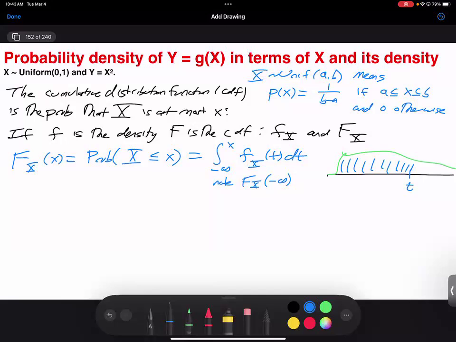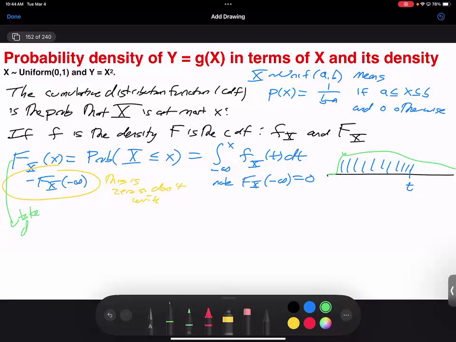So this is why I'm not writing this as big F sub x at little x minus big F sub x at negative infinity, because this is zero. No matter what random variable I give you, it's not going to have a value of minus infinity or smaller. So now, what happens if we take derivatives?